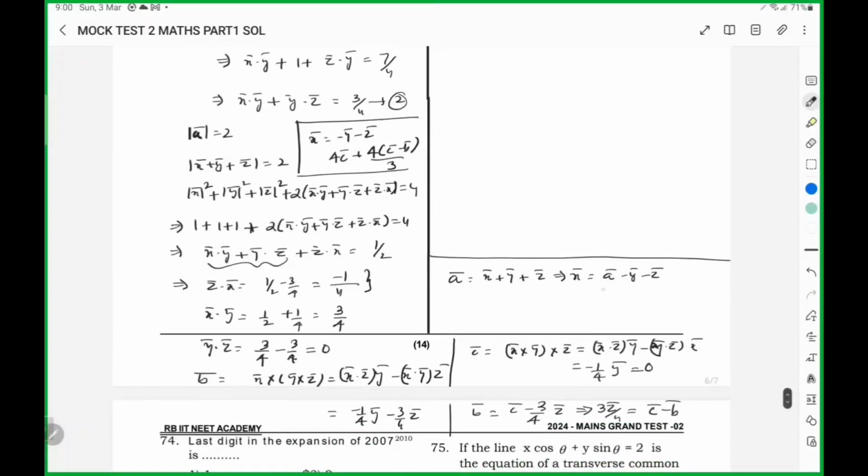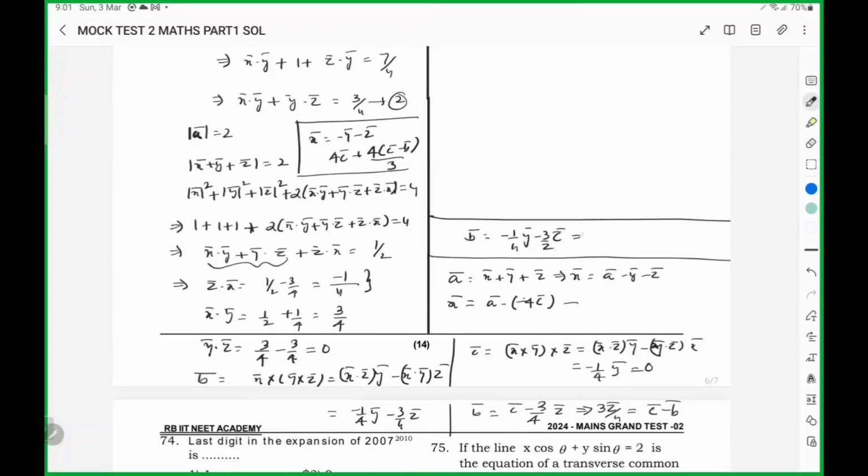Here ȳ is 4 times C̄. Z̄ will be, here it is, B̄ is minus 1/4 y minus 3/4 z.